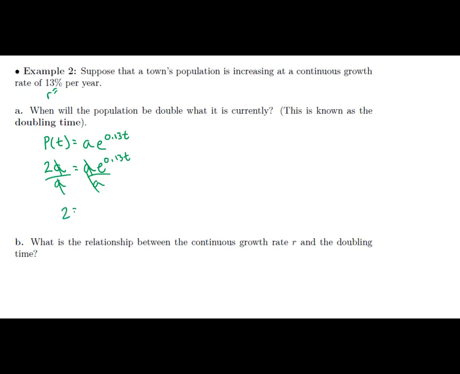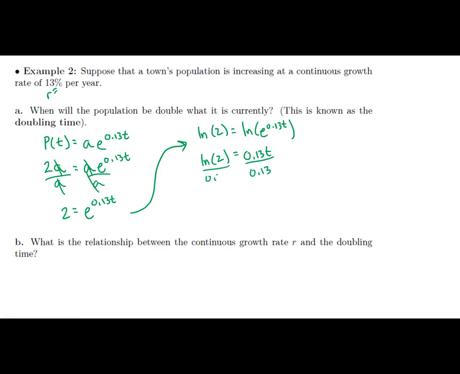So we have 2 is equal to e to the 0.13 t. And as we did in the last problem, we need to solve for our t. So this is the natural log of 2 is equal to the natural log of e to the 0.13 t. But that is just the natural log of 2 is equal to 0.13 t.